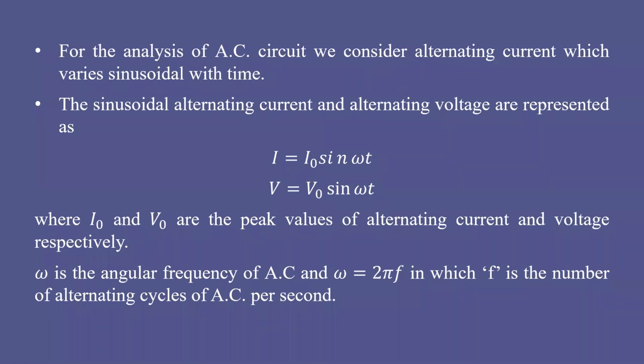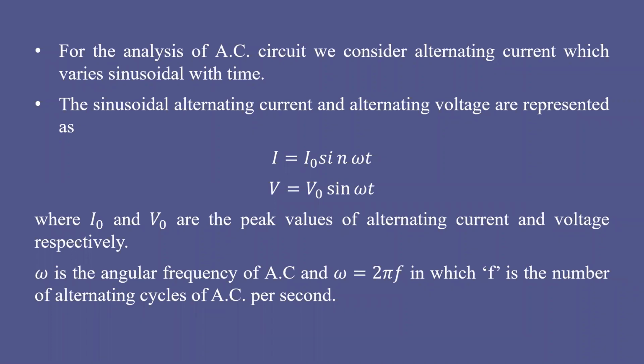So the number of times it changes direction in 1 second is called the frequency of AC. In India, the domestic AC has a frequency of 50 hertz. So it will change its direction 50 times in 1 second. That is in India. It varies from country to country.